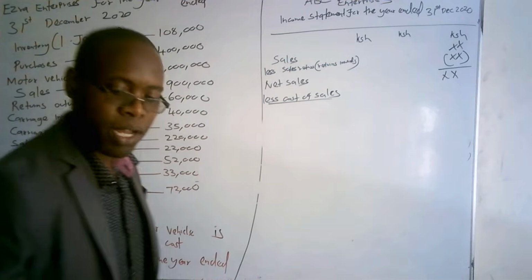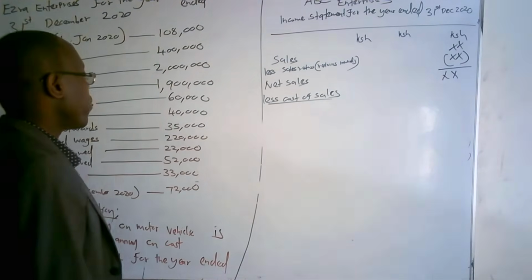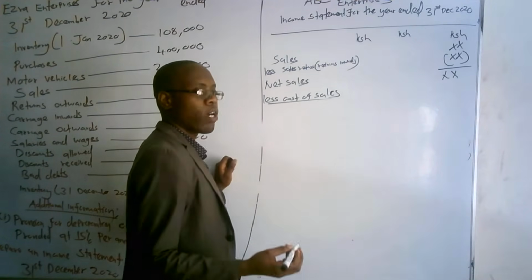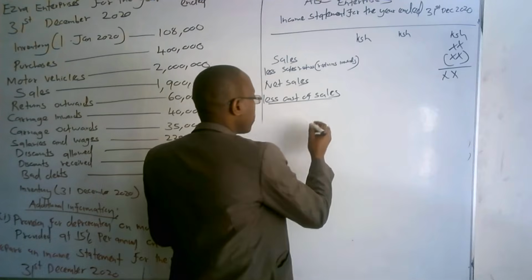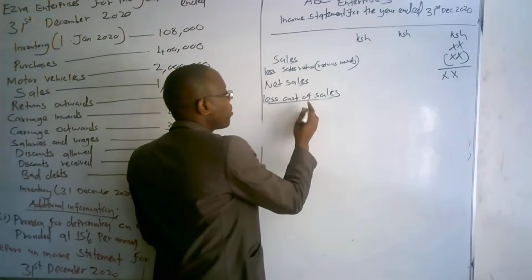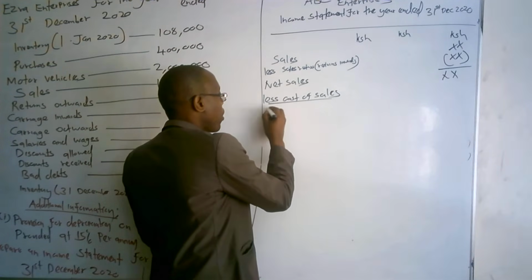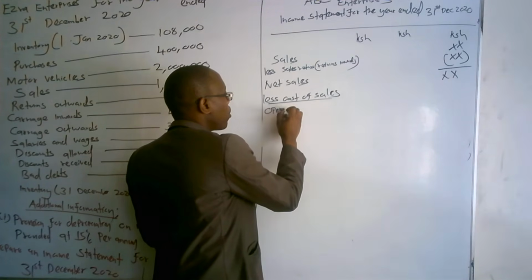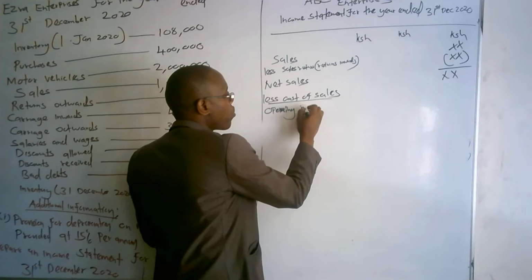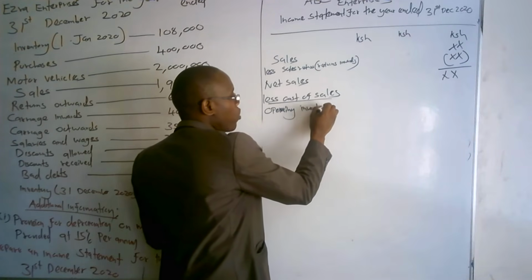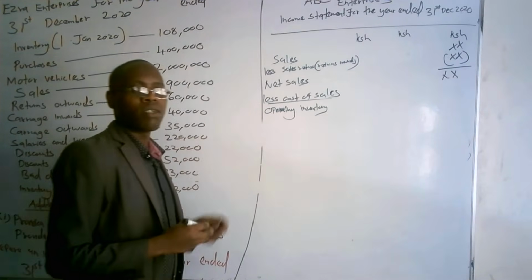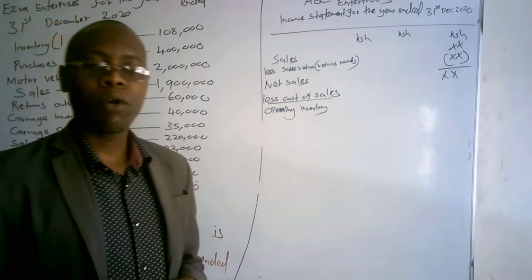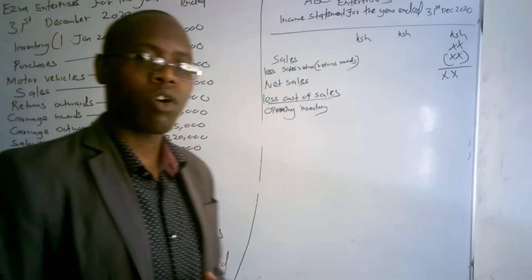So I'm going to apply that formula that I've given you of getting the cost of sales. So for us to arrive at the cost of sales using this format, we are going to have opening inventory. Sometimes in the question they will give you opening stock, and most of the time, remember, we are going to prepare the final accounts from the trial balance.